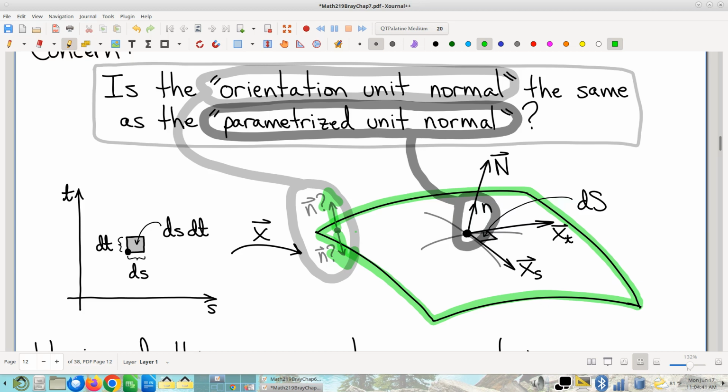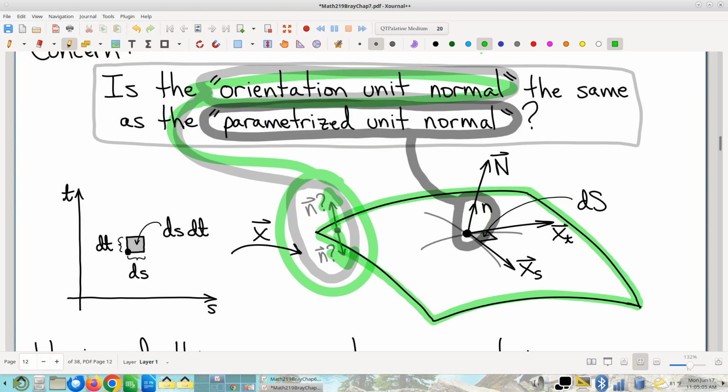There's no law that says up has to be the positive direction. By the way, what if your surface is a vertical thing? There is no up. So there's no canonical choice on how you orient a surface. Whatever choice you make, we've already given a name to: it's the orientation unit normal.